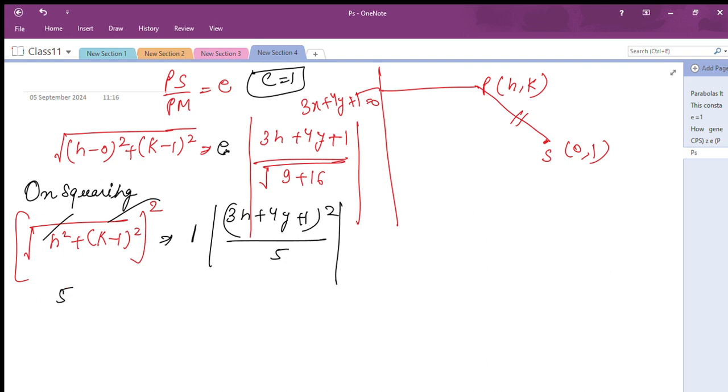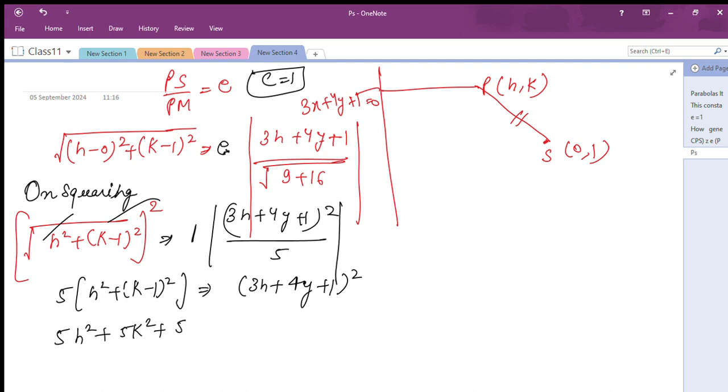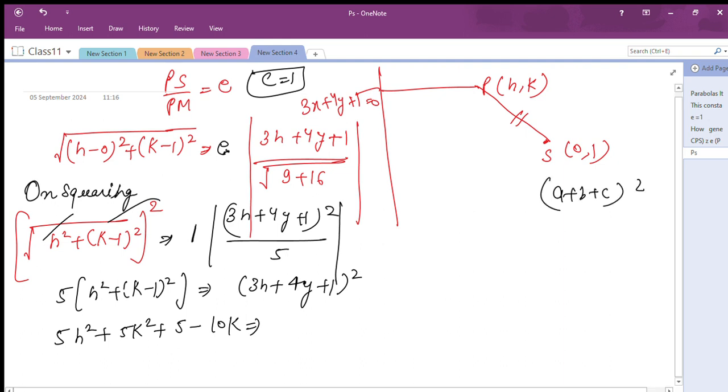So it will be 5 into h square plus k minus 1 whole square equal to 3h plus 4k plus 1 whole square. Means 5h square plus 5k square plus 5 minus 2 fives are 10k equal to the expansion of a plus b plus c whole square. So tell me, what is the formula of a plus b plus c whole square?